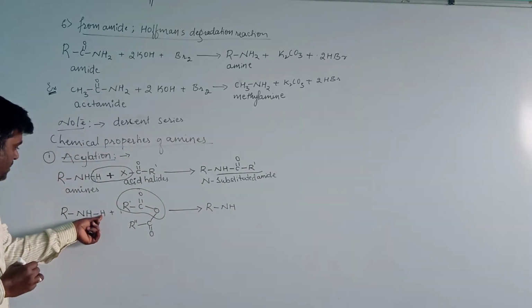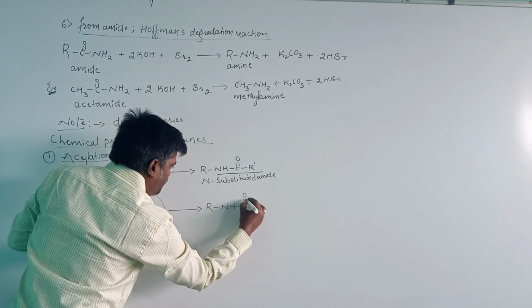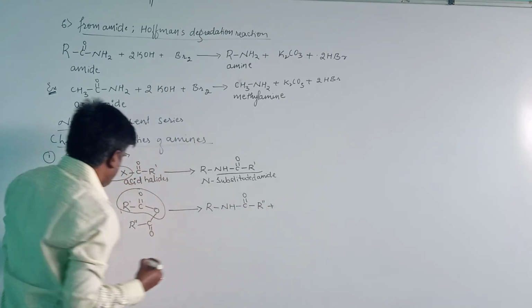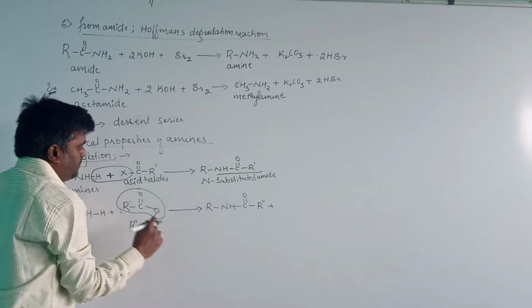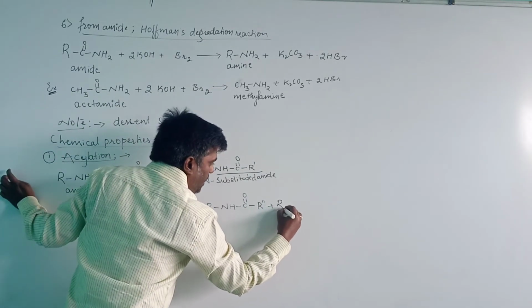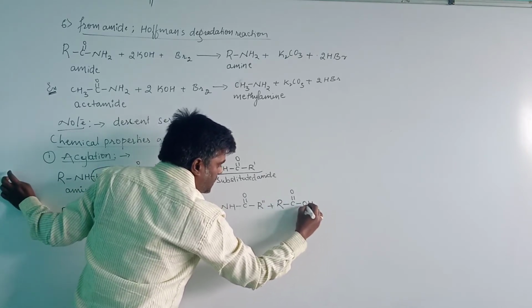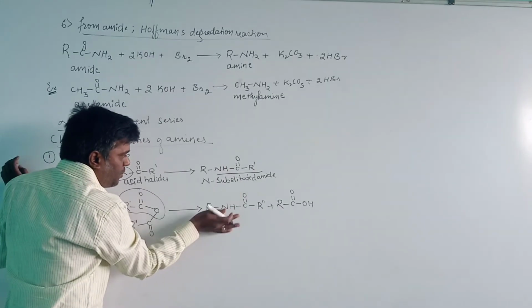In the place of hydrogen, the C double bond O and R double dash will come. The other compound is formed when the hydrogen attaches to this part, producing the acid RC double bond OH, and here the N-substituted amide. The same compound will be found here.